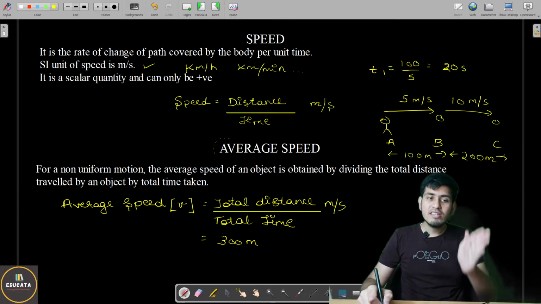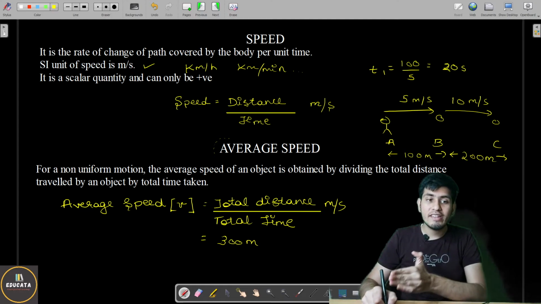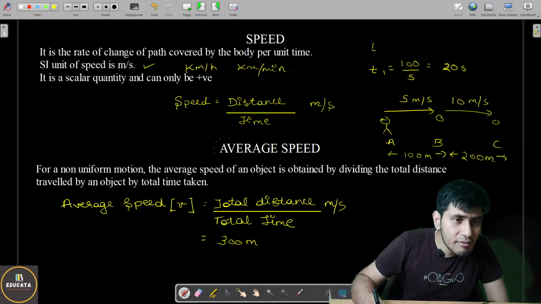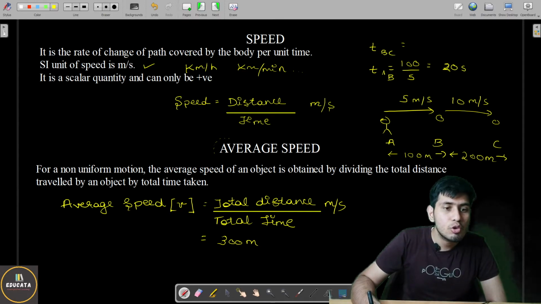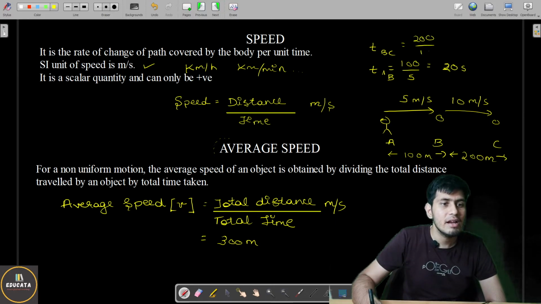Now, for the journey from B to C, what is the time taken? The time for journey BC, I can simply write it as 200 by 10 meter per second. Okay, it is 200 by 10, which is again equal to 20 seconds.